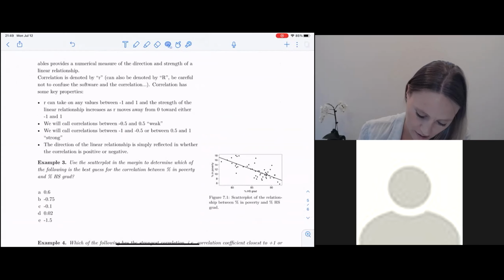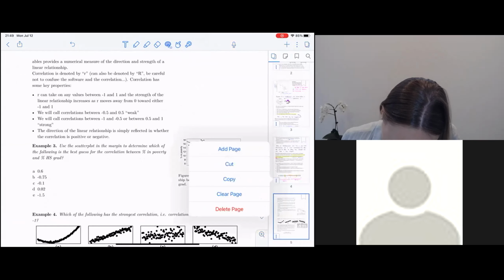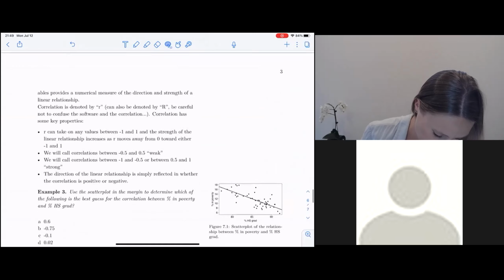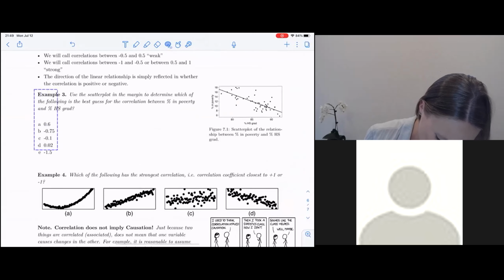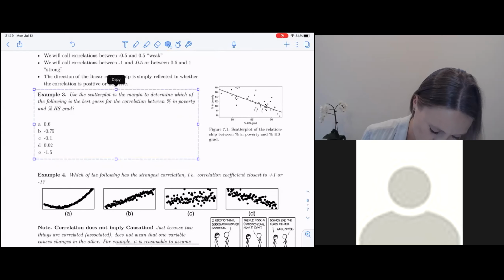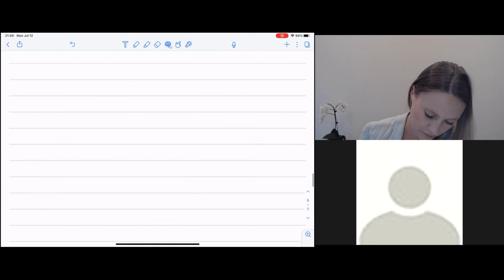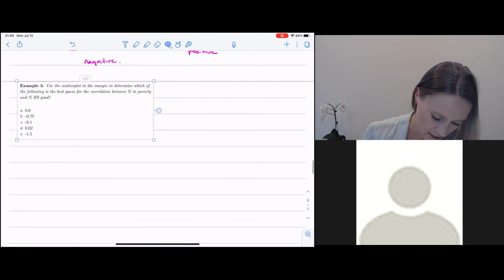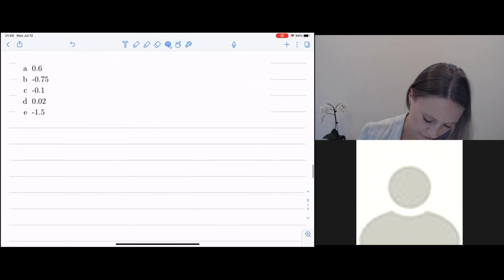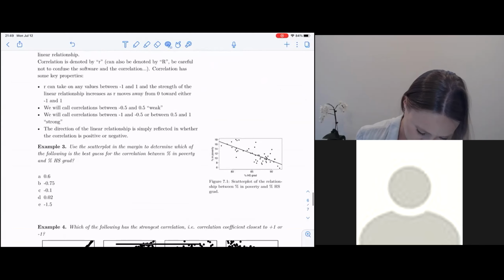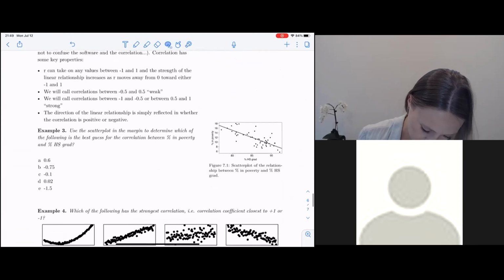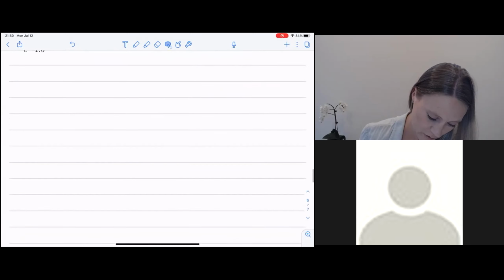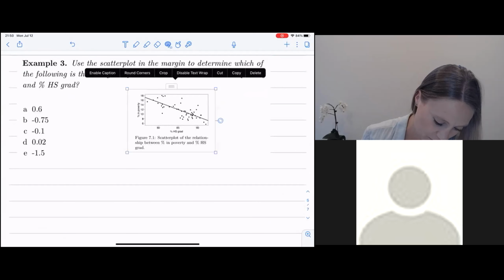Let me add a page and bring this example up. So just getting familiar with the correlation and some of those correlation facts. Oops, where's it? Here. So it's the same graph that we were looking at before.